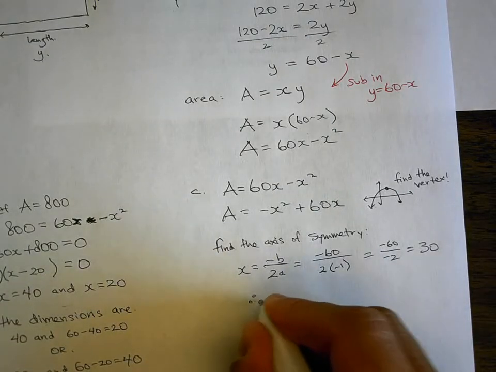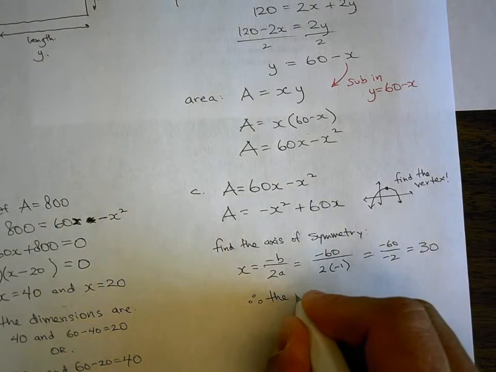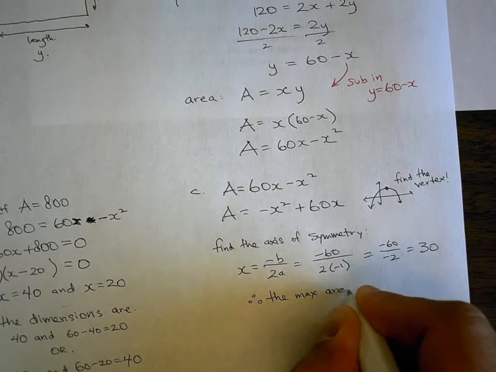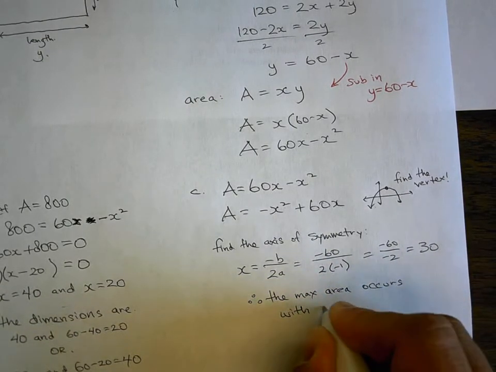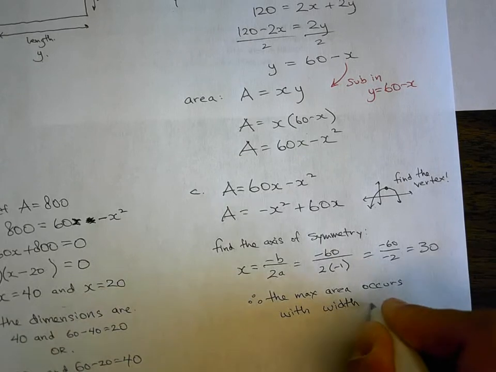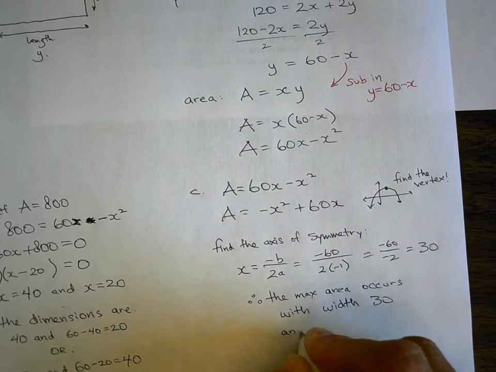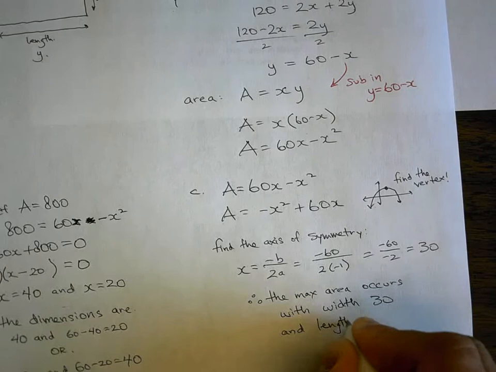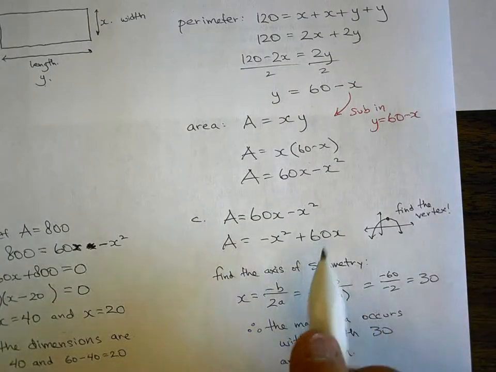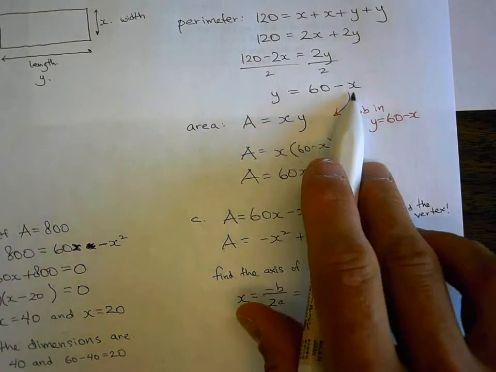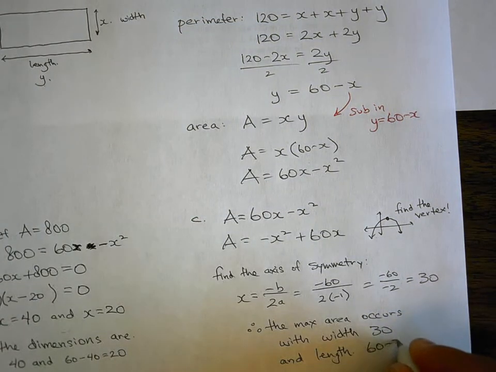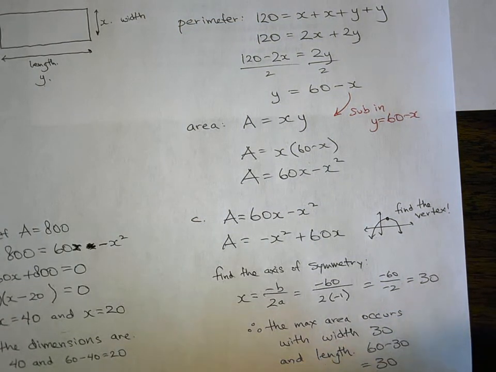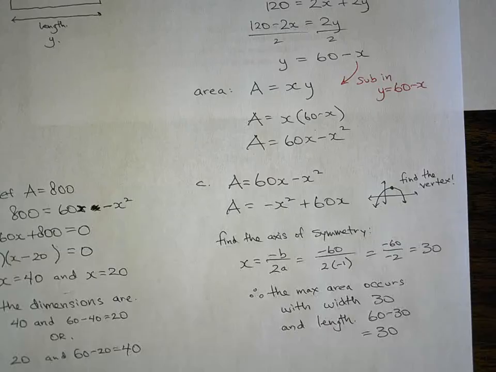Therefore, the max area occurs with width 30 and length, remember, to find the length, I just subtract my value from 60. So I get 60 minus 30, which gives me 30. So a 30 by 30 pen will be my maximized area.